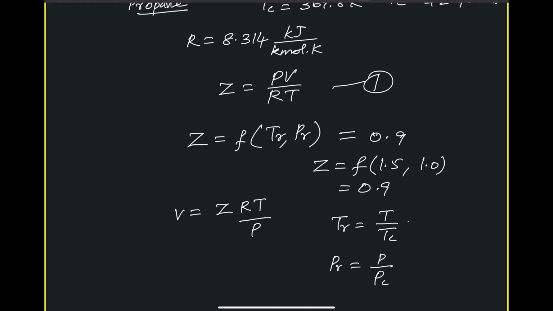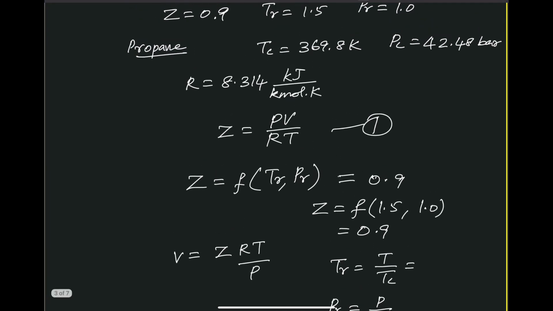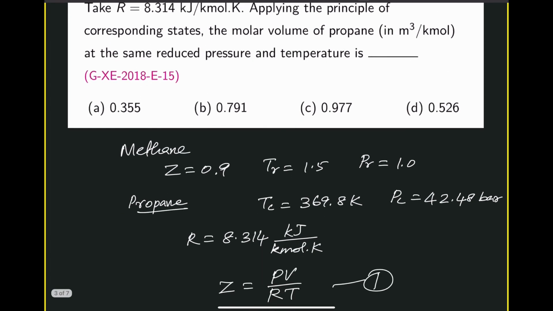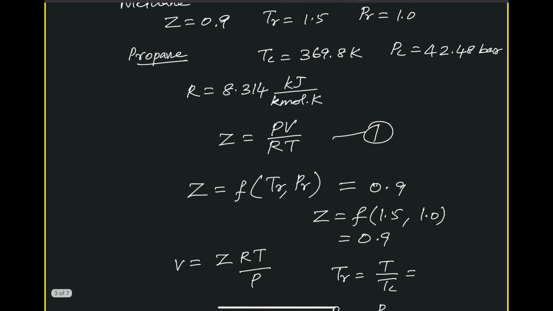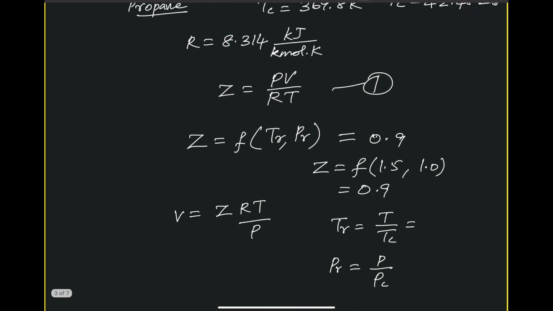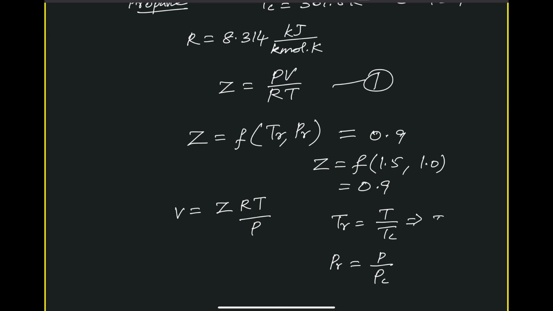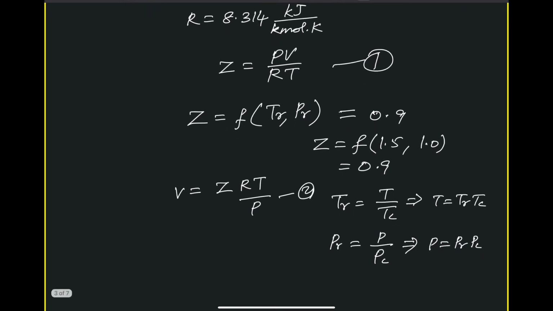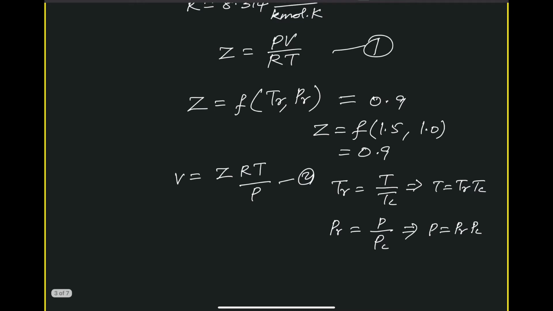We are given the critical temperature and critical pressure of propane. So we can write T equal to simply TR TC, likewise P equal to PR PC. Let us take this as equation 2.